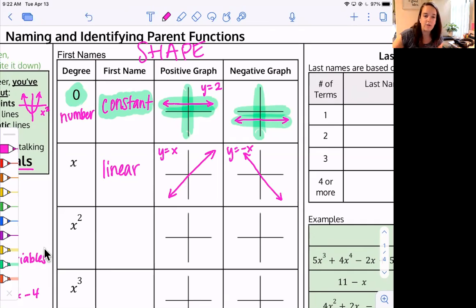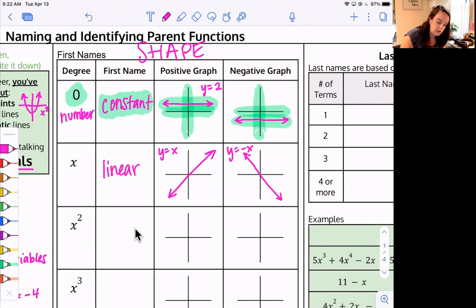What is the word that goes with x squared? When our degree, our largest exponent, is x squared, what's the word that we use to describe it? What's the word we use?